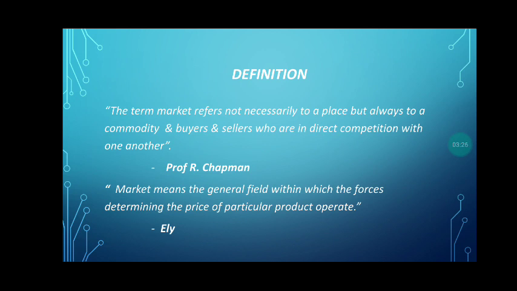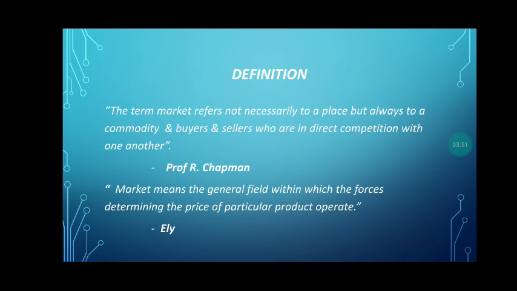So in his definition he is stating that in economics, market doesn't need a place. But what are the essential things in the market according to him? According to him, for a market there must be a commodity and there should be buyers and sellers of that commodity. And those buyers and sellers should be in competition with one another, in connection with one another.